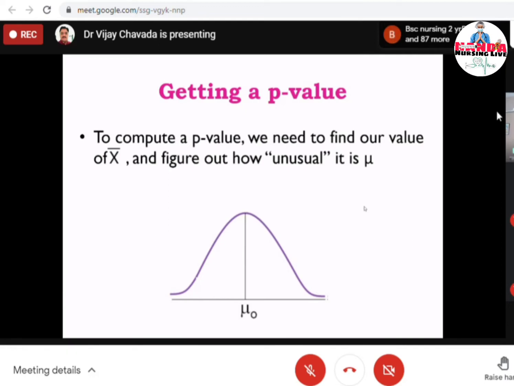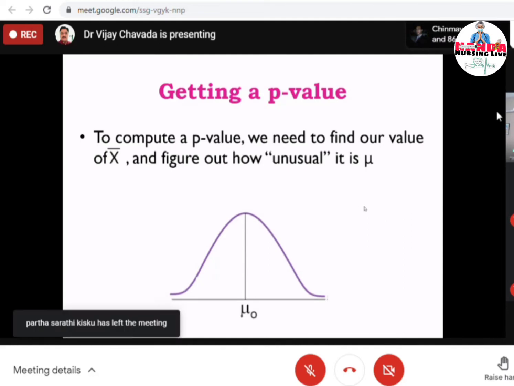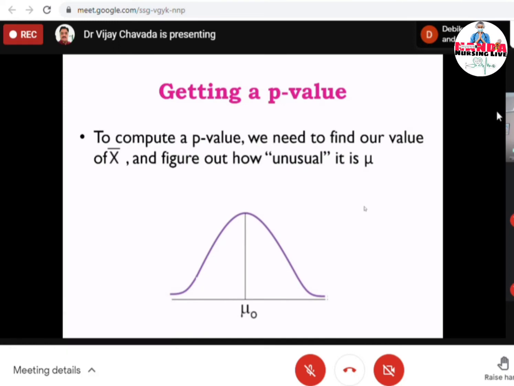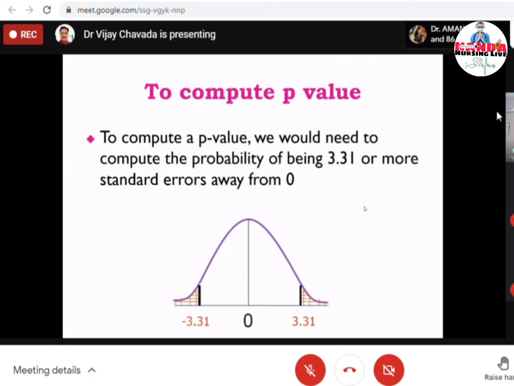You draw a sample from the population, find the average of the sample, and see how close it is to the population mean or how far away. This is the way we get the p-value. We compute the probability of observing a value a particular number of standard errors away from the mean. We will understand later in the subsequent slides how standard deviation and standard error of the mean are used to calculate our p-value.